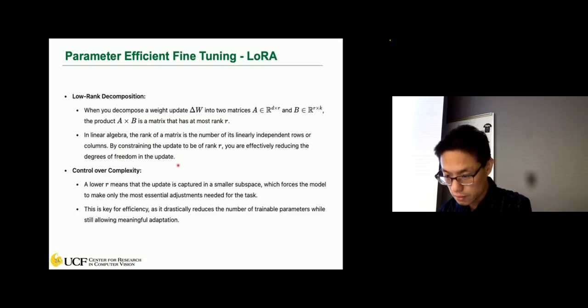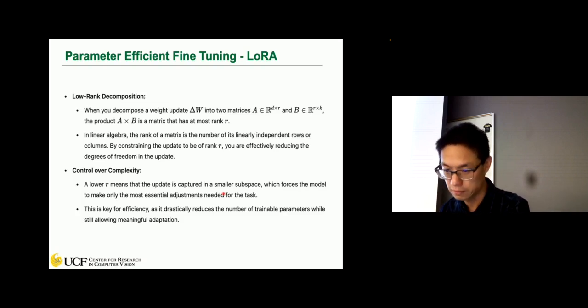As for how low rank decomposition is able to control the complexity, if we have a low rank, it will only update the weights in a very small subspace, because we are only updating something like 2 rows or 2 columns. And you can actually compute how many multiplications there are.